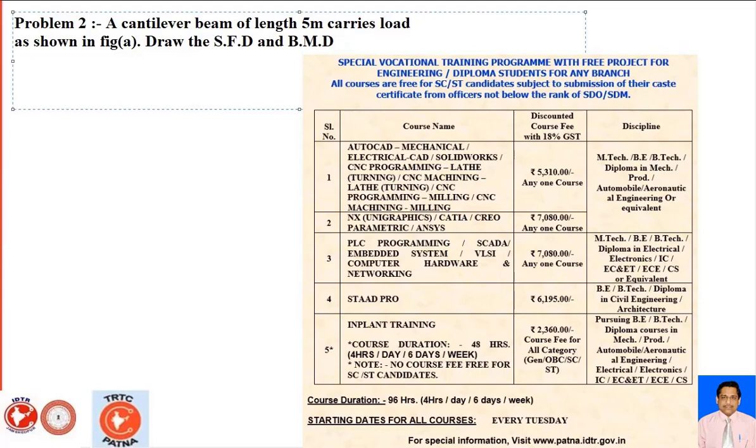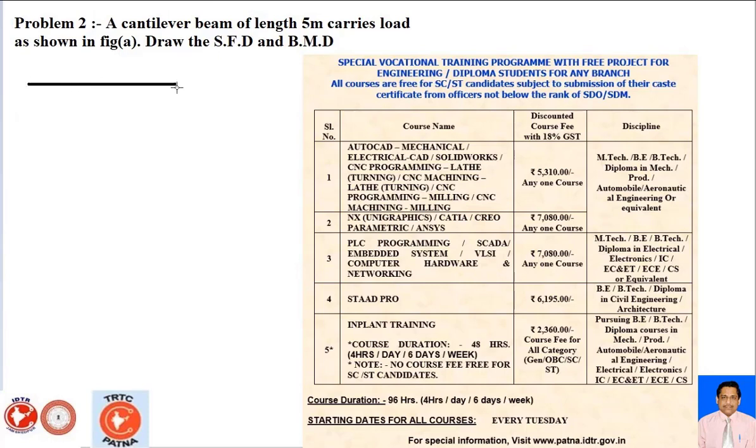Okay. So how to solve this type of problem? This is your one cantilever beam, and you have to apply the load at the end of this beam.